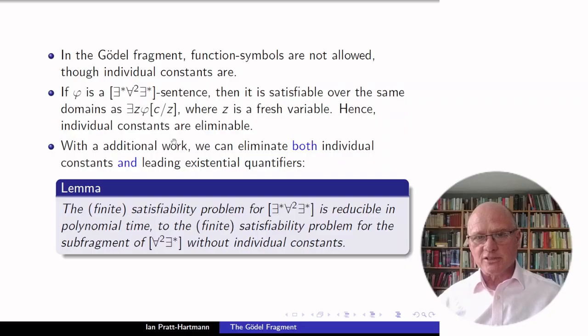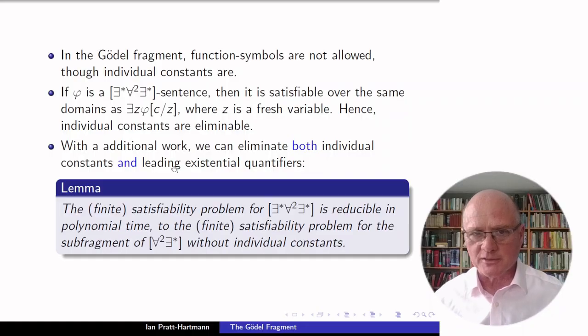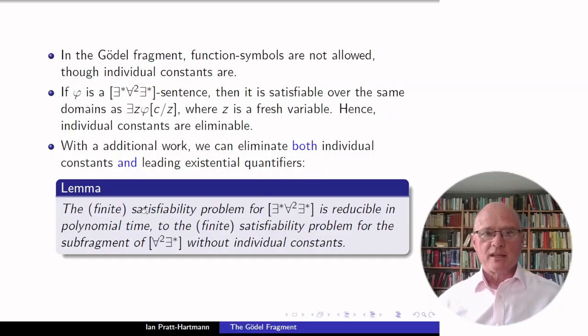In fact, with a little additional work, we can eliminate both individual constants and leading existential quantifiers. So we have the following lemma. The satisfiability problem and also the finite satisfiability problem for the Gödel fragment is reducible in polynomial time to the satisfiability problem and the finite satisfiability problem, respectively, for the subfragment in which you have no leading existential quantifiers and there are no individual constants.